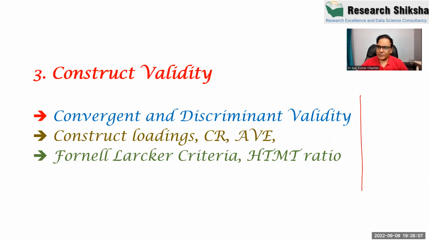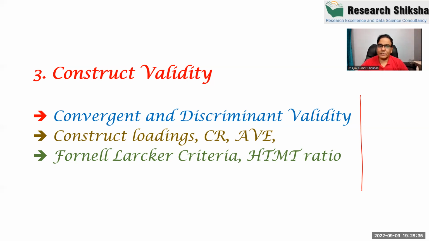Convergent validity means whether the construct is significantly represented by the statements and the statements are significantly related to each other. So there are 2 things in convergent validity. Number 1, whether the constructs are significantly represented by the items, and number 2, the items are significantly related to each other.